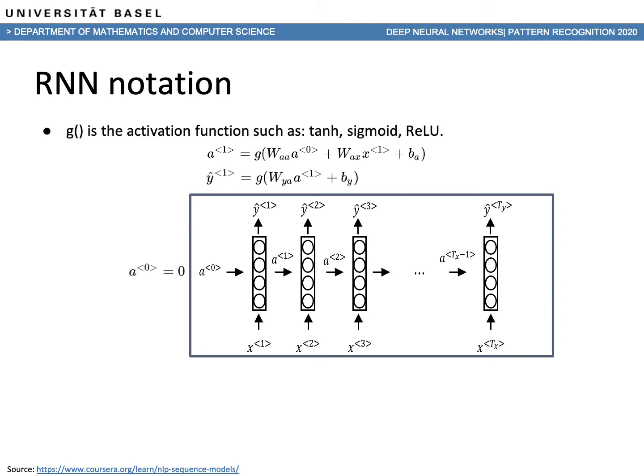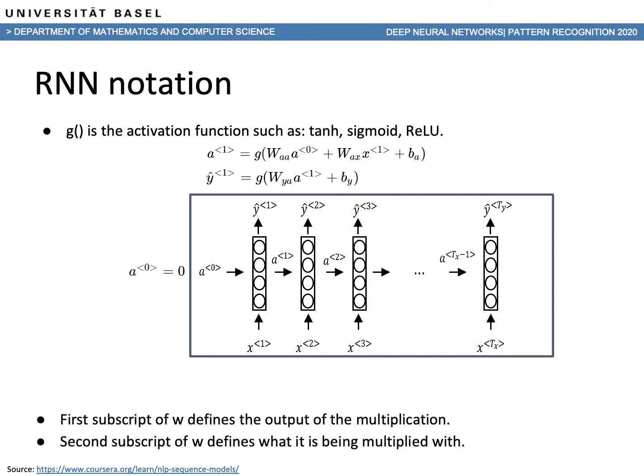So G here is the activation function, and previously, as also mentioned in the other videos, this used to be tanh or sigmoid functions, but nowadays often ReLU is, for instance, used. The first subscript of W just defines the output of the multiplication, and the second subscript of W defines what it's being multiplied with.